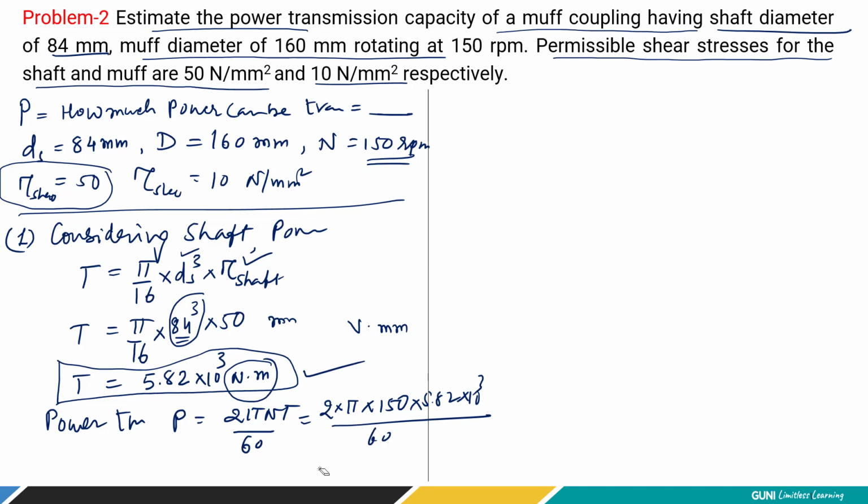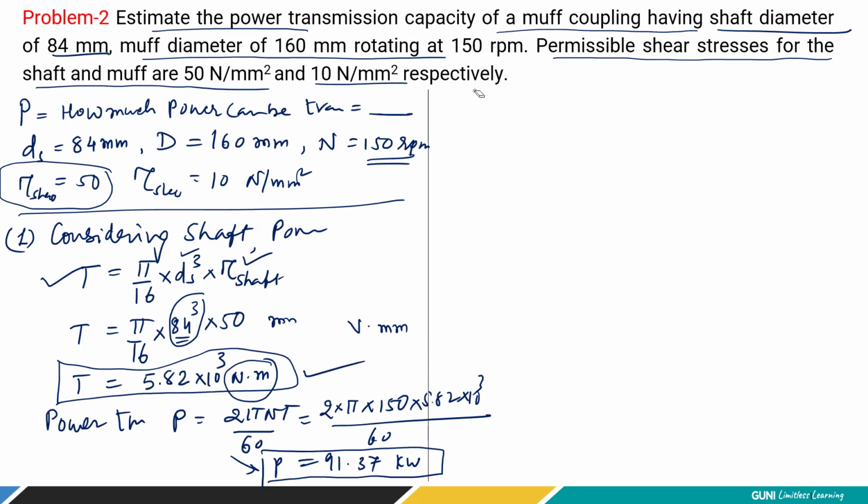If you calculate this, it comes out to be 91.37 kilowatt. So from the shaft, this much power can be transmitted. If you use the shaft design equation, you can transmit this much power.